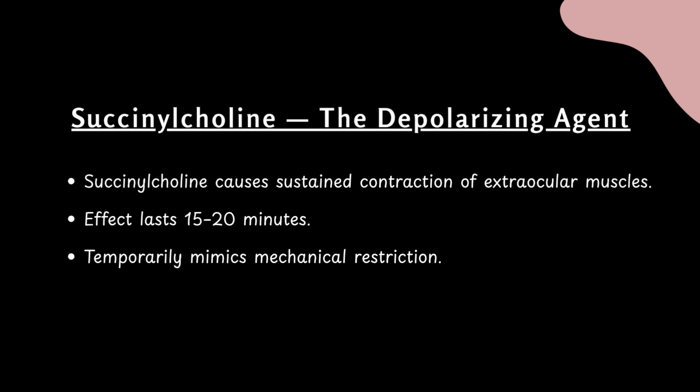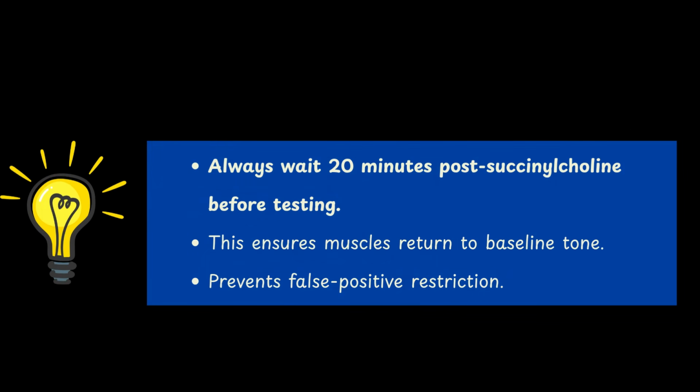During this period, the globe feels rigid as if all the muscles are in spasm. So if you perform the test too soon, it can lead to a false suggestion of restriction, that is, a false positive test. So always wait 20 minutes after giving succinylcholine before you do your forced duction test. Ketamine also has a similar temporary effect.